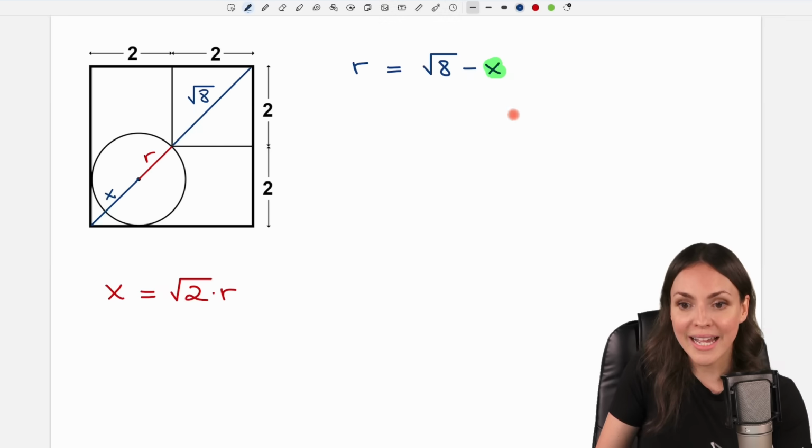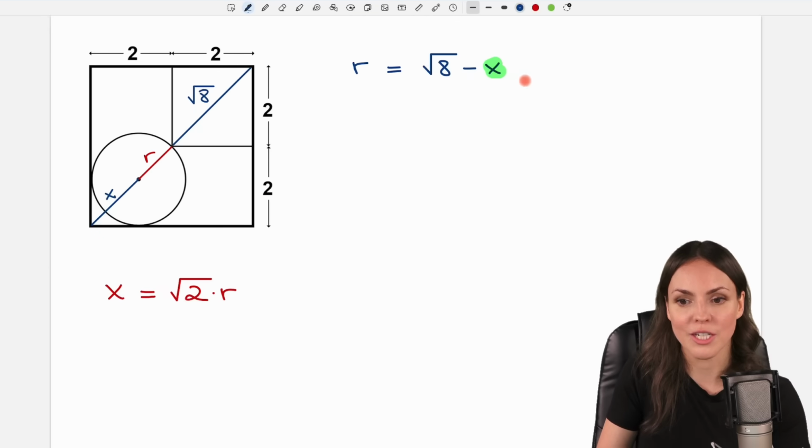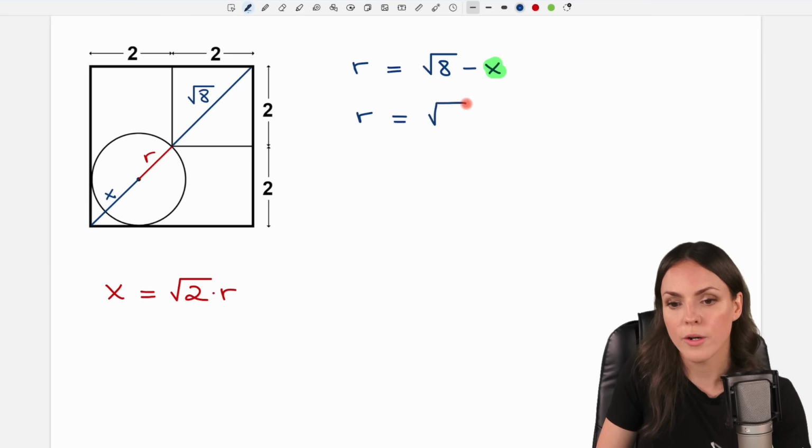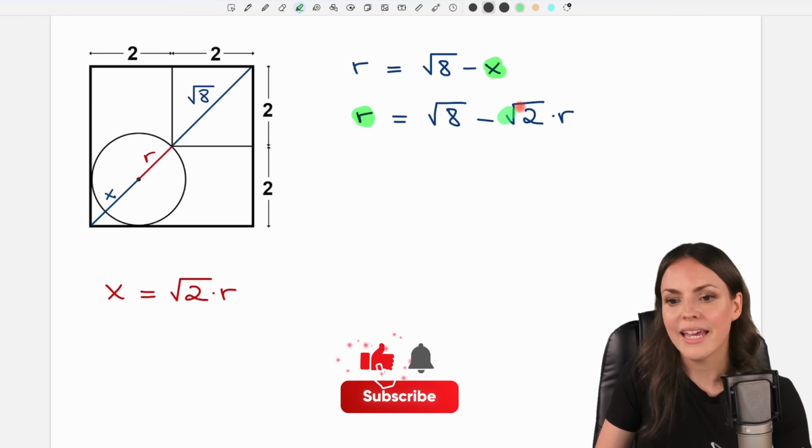If we go back to this situation here, I'm going to insert the value that I just found for my x. So my r is going to be the square root of 8 minus, for my x, I write down the square root of 2 times r, and now I only have to solve this equation for r. I have r here and a part with r here.